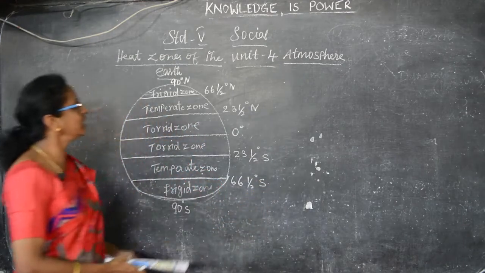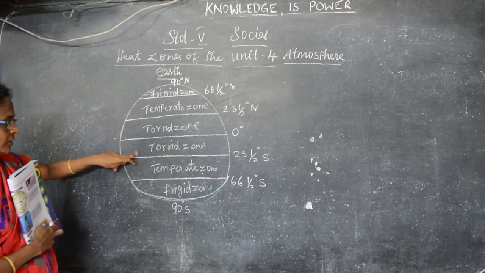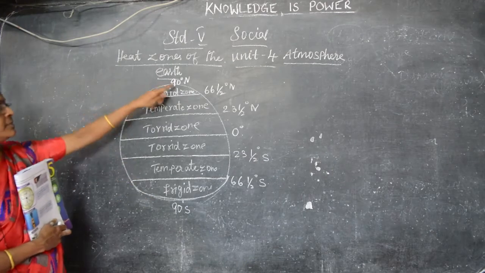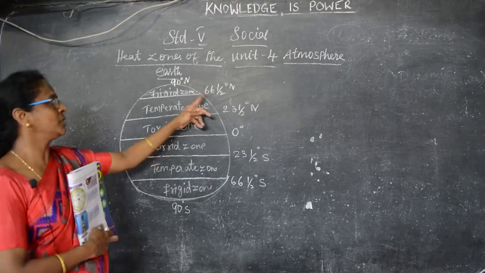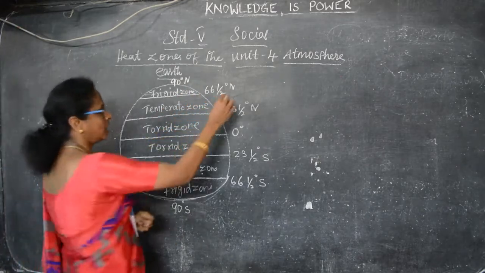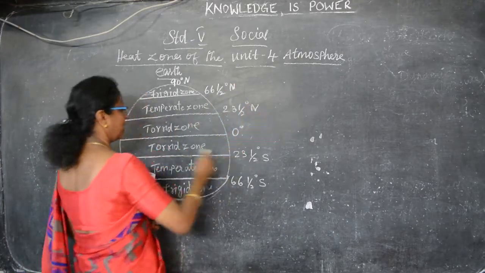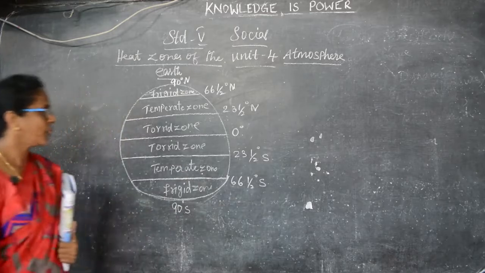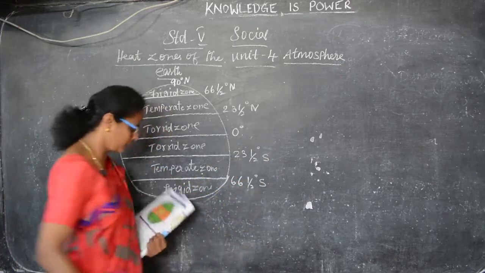So these are the heat zones of the earth: frigid zone, temperate zone, torrid zone, again torrid zone, temperate zone, frigid zone. This is 90 degree north and this is 90 degree south.